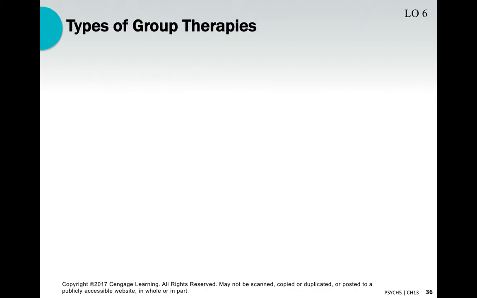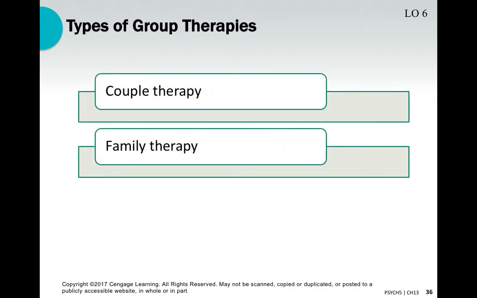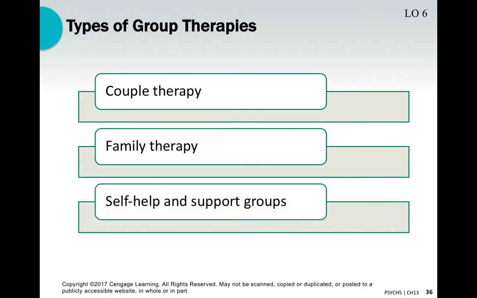They're both good, but some different types of group therapy you're probably familiar with or have heard about, or maybe even experienced yourself in some capacity. There's couple therapy, where couples will go into counseling either before they're married, during marriage, or if they're having trouble during marriage. Some religious organizations will make couples go to therapy, sometimes with a pastoral counselor, depending on your church affiliation.